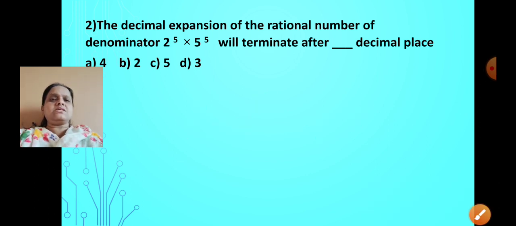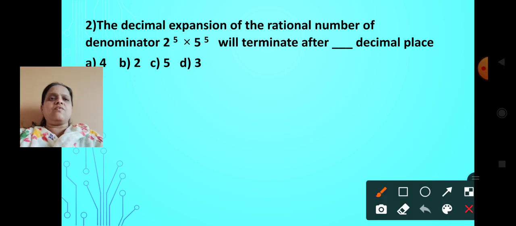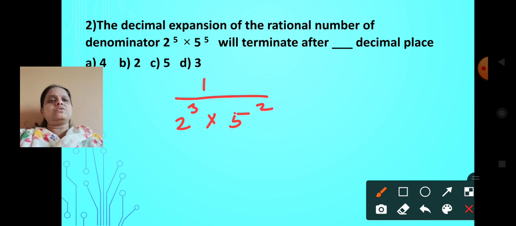But in some cases, if the denominator has different indices or different powers, how to solve the sum? For example, take 1 upon 2 cube into 5 raised to 2, different powers. In that case, you have to make the power of 2 and 5 the same.